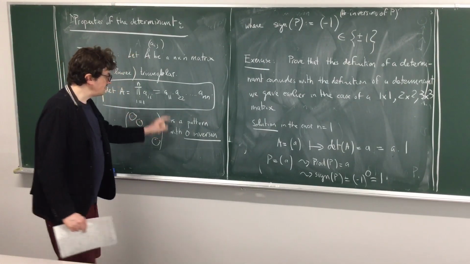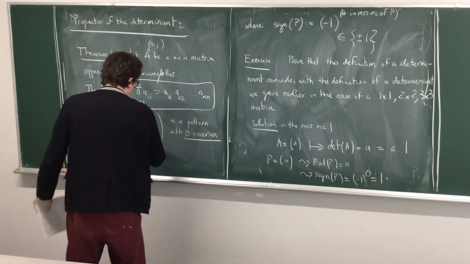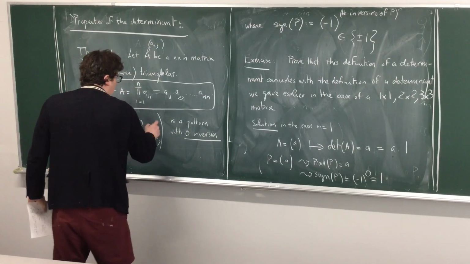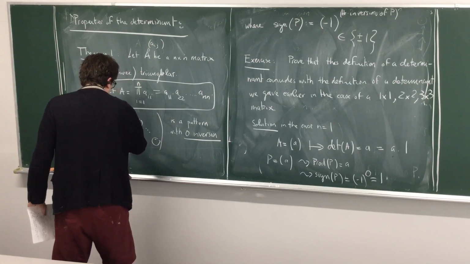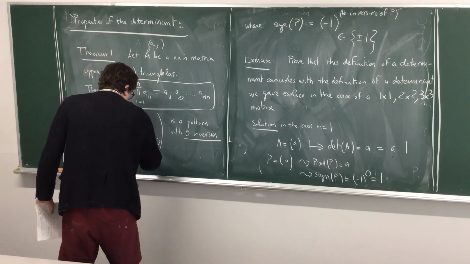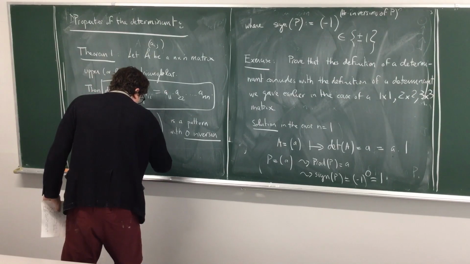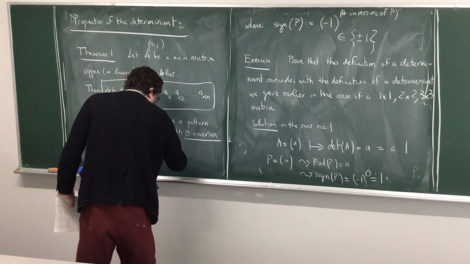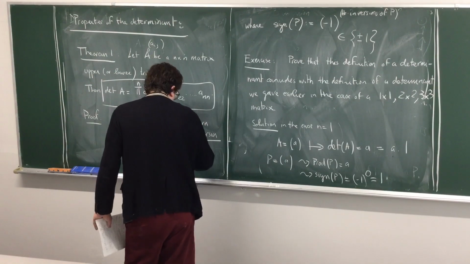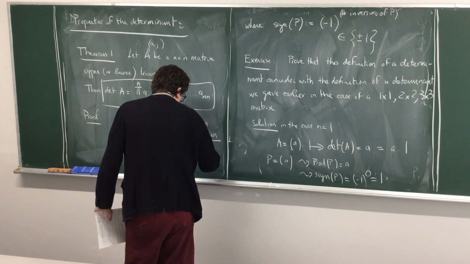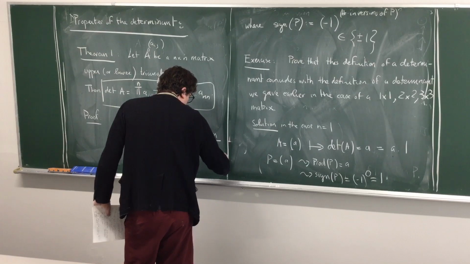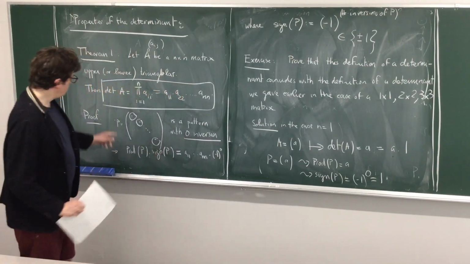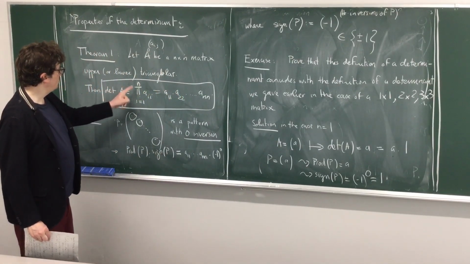So this pattern has 0 inversions, which means that, let's call this pattern P, the product of P times the sign of P will be basically A11 up to ANN times -1 to the power 0. So for this pattern only, you get this term.